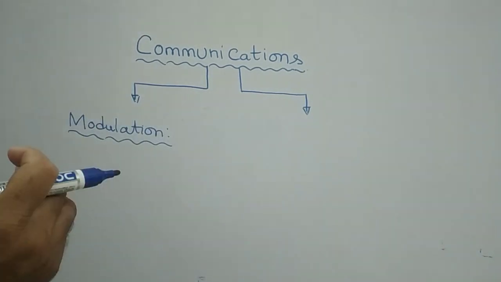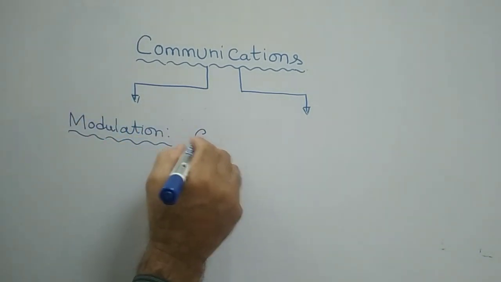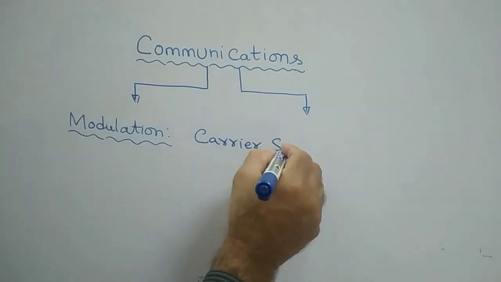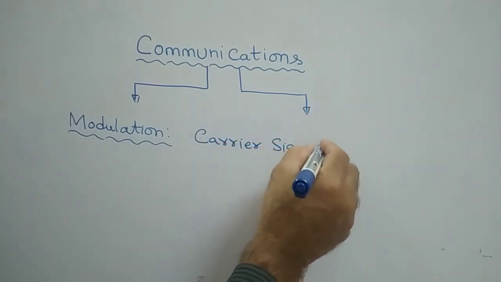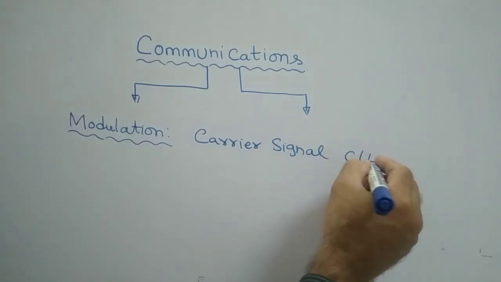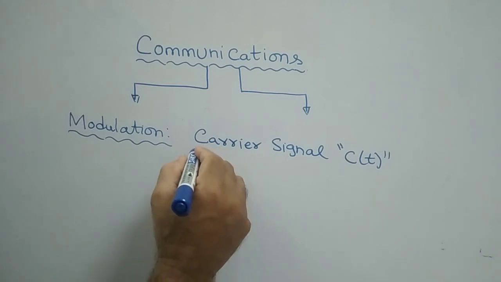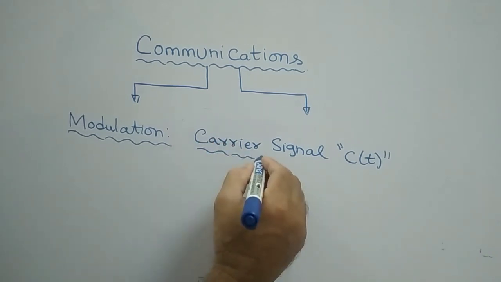If you see the carrier signal, it is normally denoted by C of t, because C is the first letter in carrier.